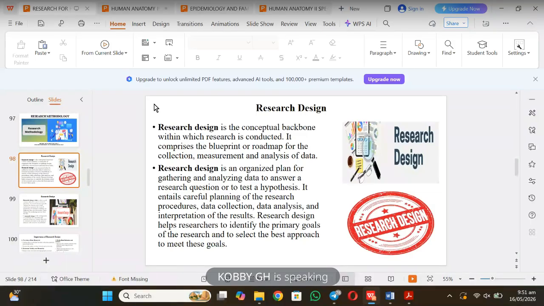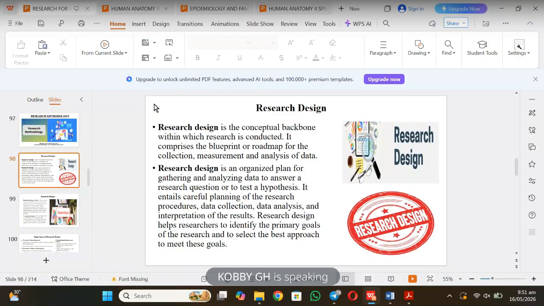Recall bias arises sometimes, especially in a retrospective study. For example, you want to do a study among tuberculosis patients, patients who have suffered tuberculosis before, and you want to ask them questions about their past. We go to the hospital and select 10 patients who have suffered tuberculosis before.